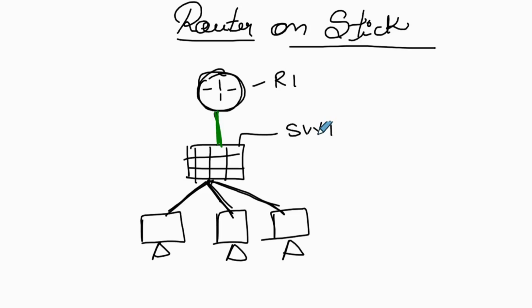So these three logical sub interfaces are really one physical interface. Inside this one physical interface, there are three logical sub interfaces. That is the specialty of the router on a stick.